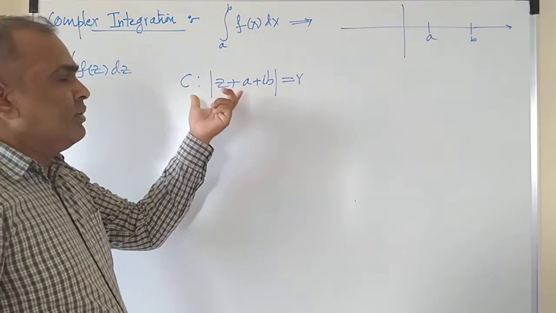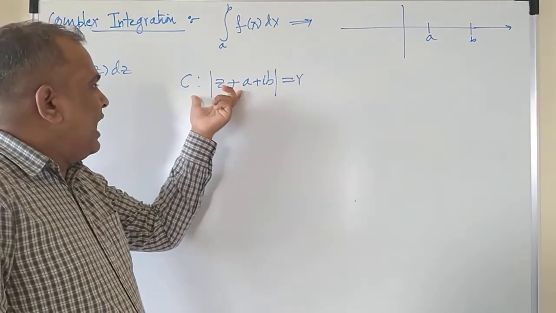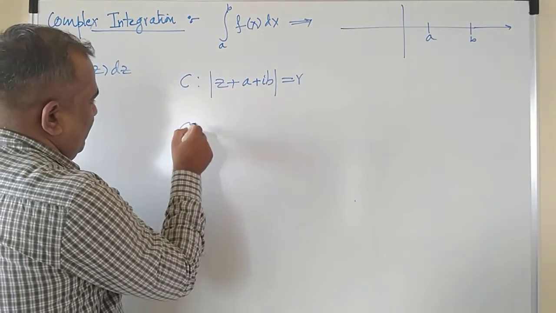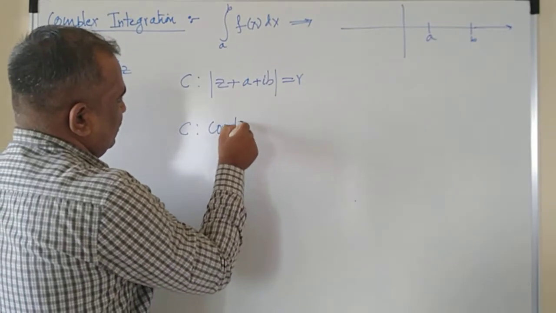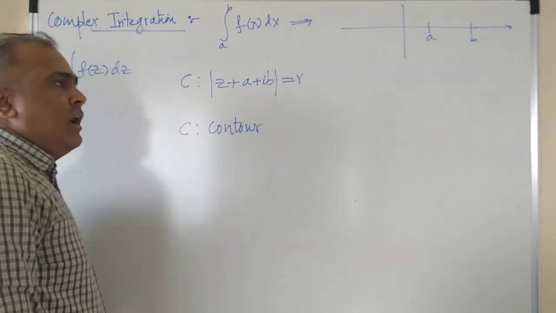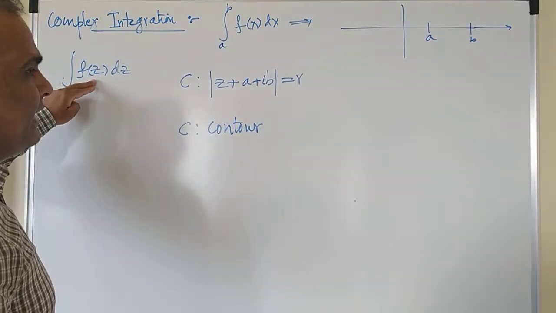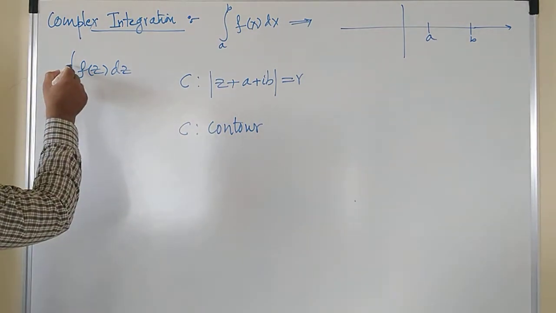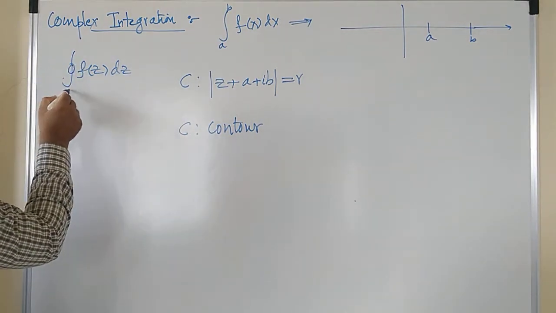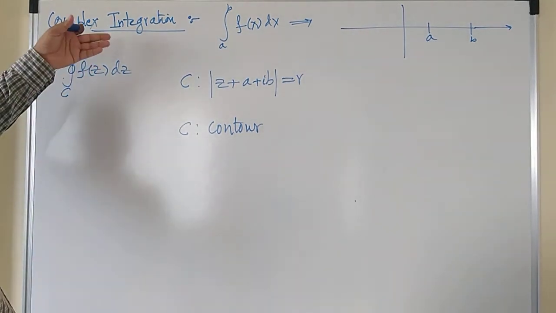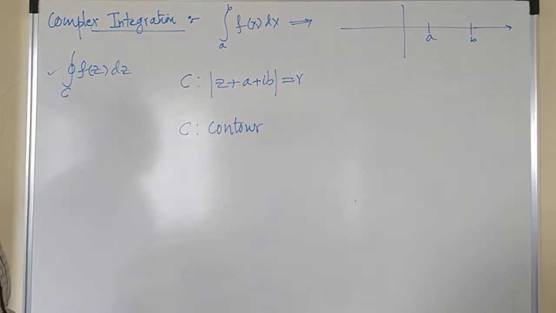This particular curve along which you are asked to solve the complex integral is called a contour, where I can say C is the contour, right? And therefore this kind of integrals are also called contour integrals, and these are denoted with this kind of sign. So integral over a particular contour or over a particular curve, this is called a complex integration, right? Now how to solve this kind of integrals, that we are going to study in the next few steps.